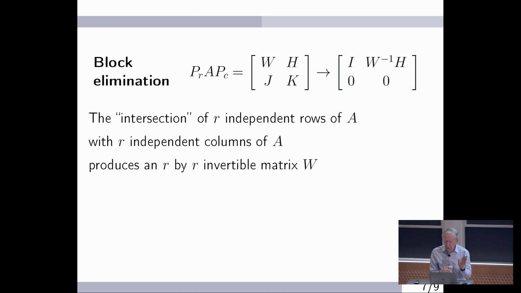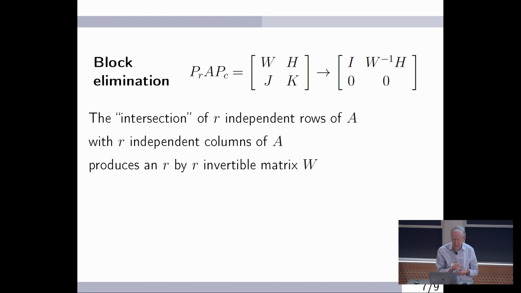So we have W and then 3 other submatrices. And what has elimination done? It has multiplied that first row by W inverse, because we know we want to get the identity matrix. And it has subtracted a multiple of the first rows from the other rows because we know we want to get the 0 matrix there.